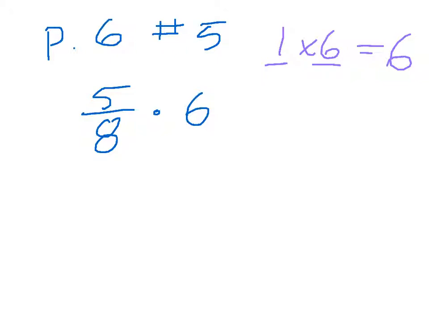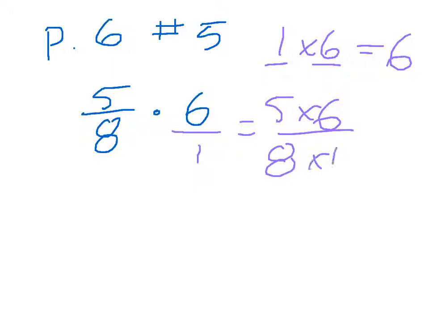All right, so what we're going to do here is remember any whole number can be turned into a fraction by just setting it over 1. So we just put it over 1 and we multiply straight across. So 5 times 6, boom, 8 times 1, boom, and that'll be our final answer. Now we can pull out common factors here.